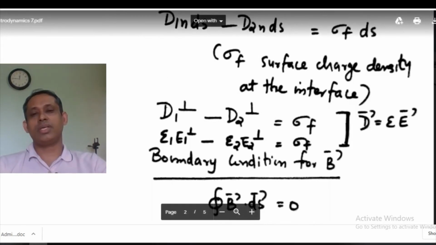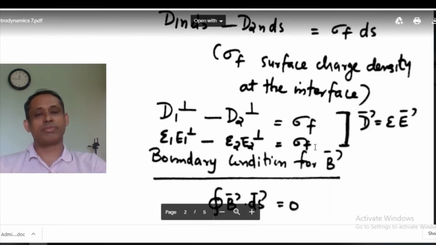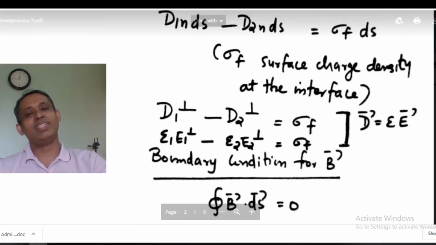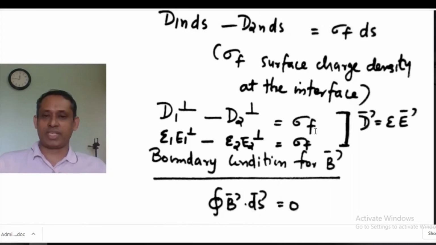We know D equals epsilon E, so this is epsilon 1 E1 perpendicular minus epsilon 2 E2 perpendicular equals sigma f. So this is the boundary condition for the displacement vector.